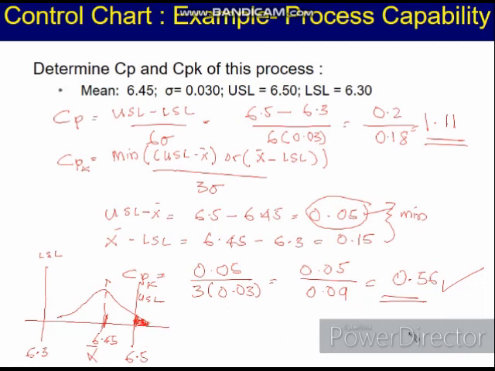So the CPK calculation indicates that the capability index is actually less than 1, which is 0.56. The conclusion is that the process is not capable because the CPK is less than 1, even though the CP is greater than 1. This is because the center of the process is not at the center of the spec, as illustrated by this graph.